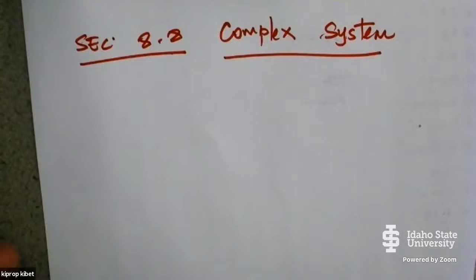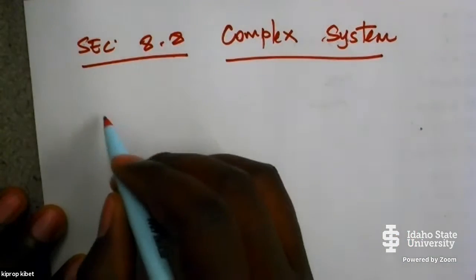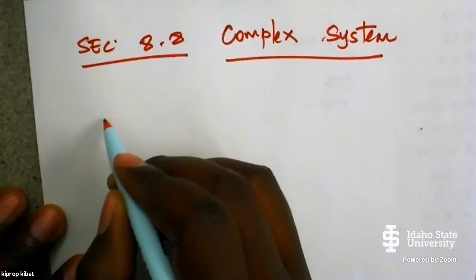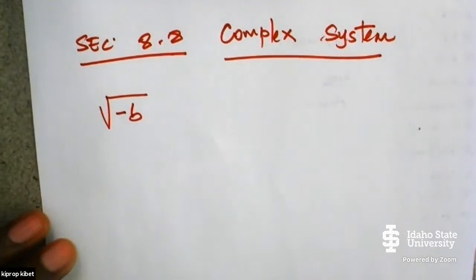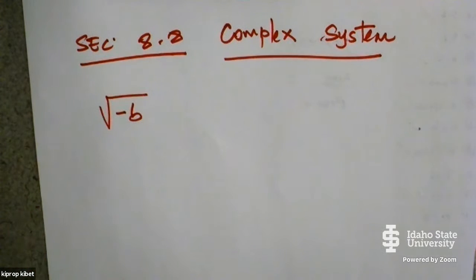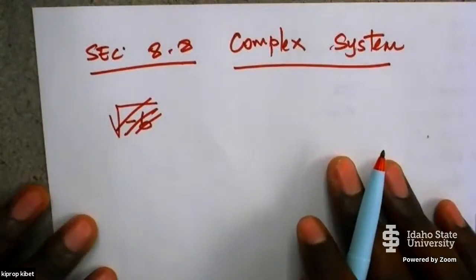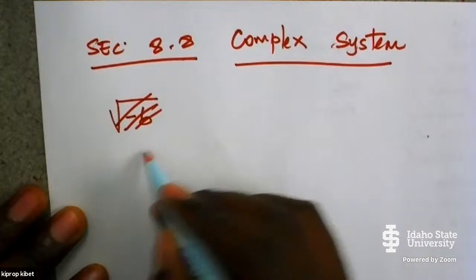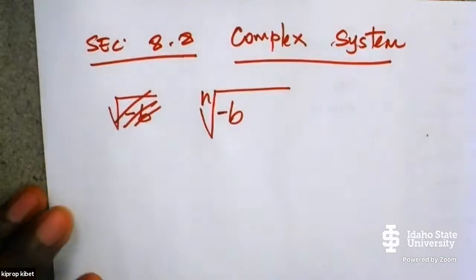Now, if we recall, if we have the square root of negative b, let's say we are given n here and negative b here.